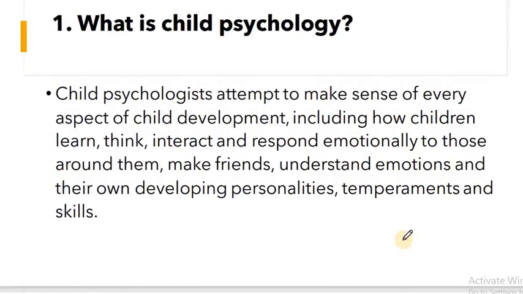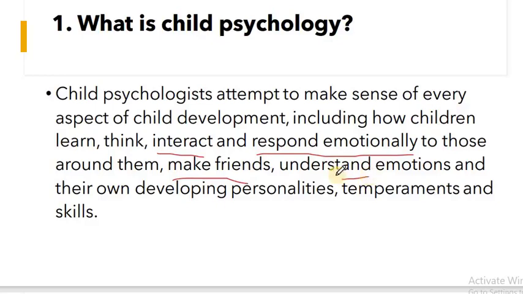So child psychologists attempt to make sense of every aspect of child development, including how children learn, think, interact, or respond emotionally to those around them, how children make friends, how they understand emotions, and how their own personality or temperament and skills develop. So these are the studies of a child. That's why we call them child psychologists. So they have to make sense of every aspect of child development.